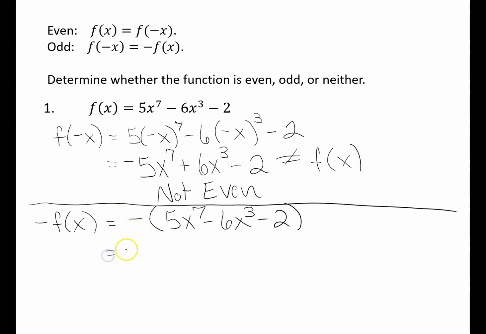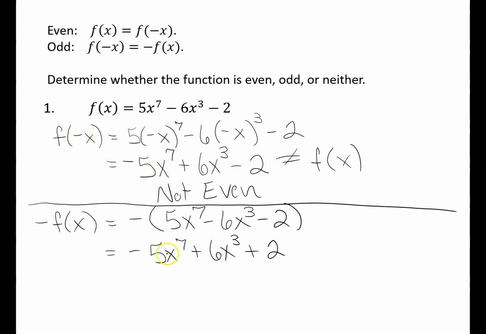Now to simplify that, you would distribute the negative. So negative 5 and negative is going to make that positive 6. And negative makes that positive 2. So now we're comparing this answer to this answer. We want to see, is negative f of x equal to f of negative x? The negative out front equal to the negative inside.